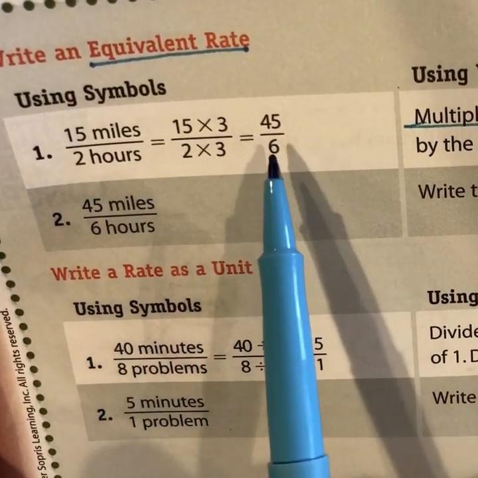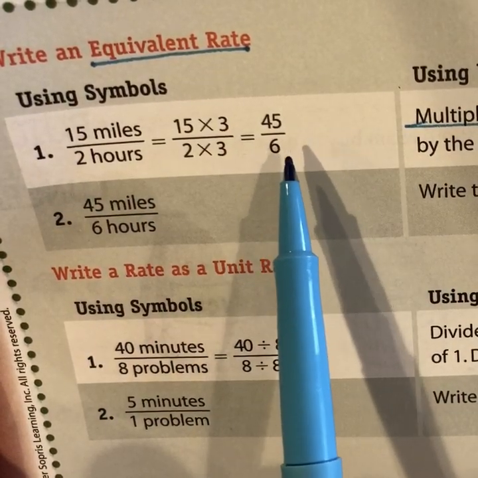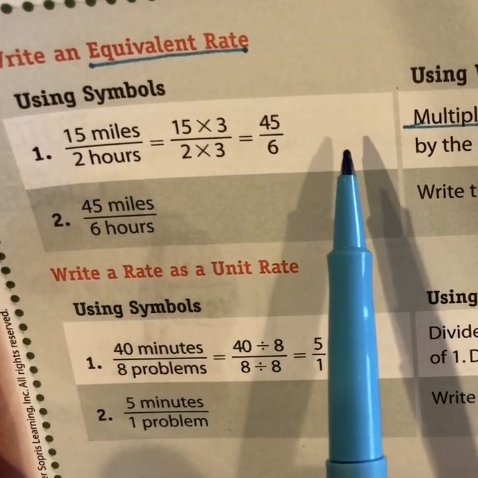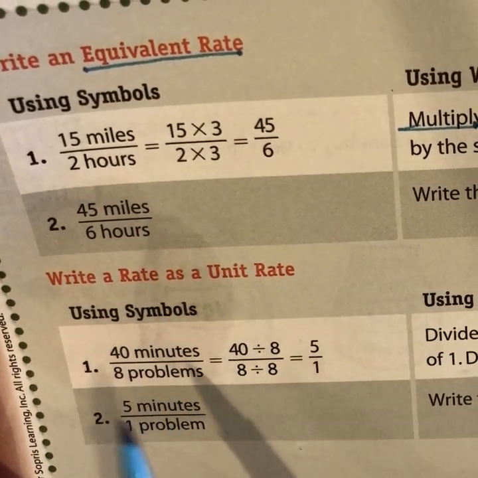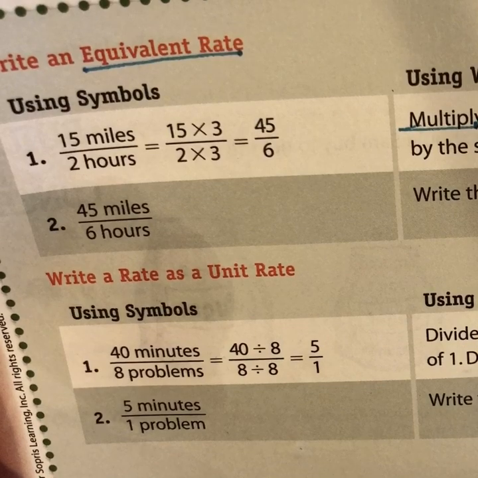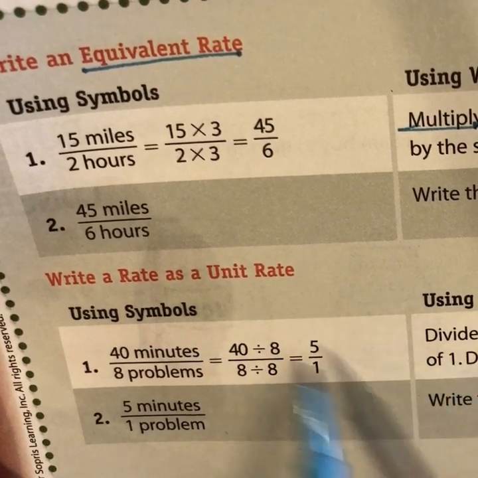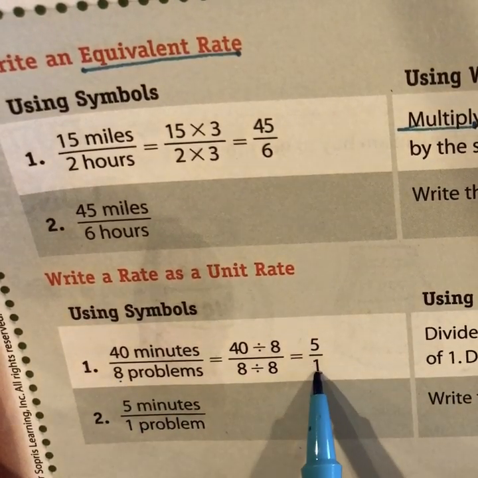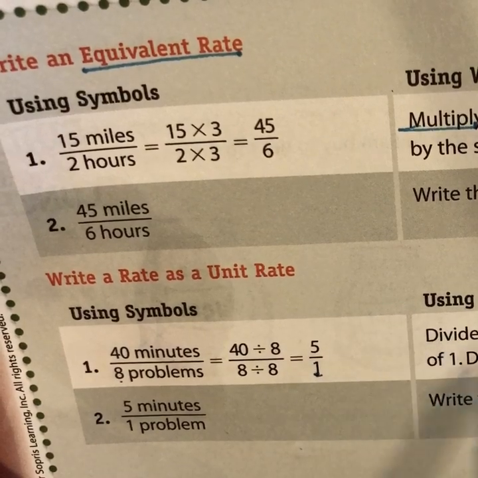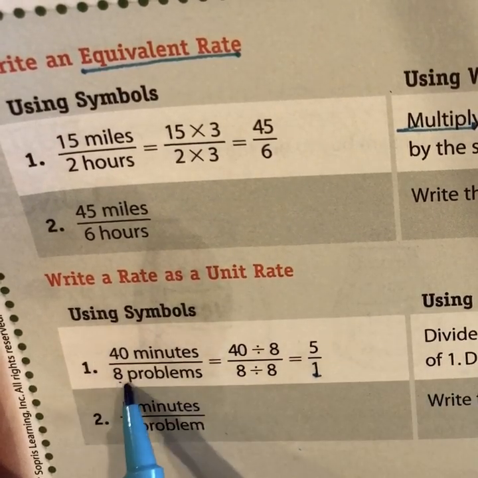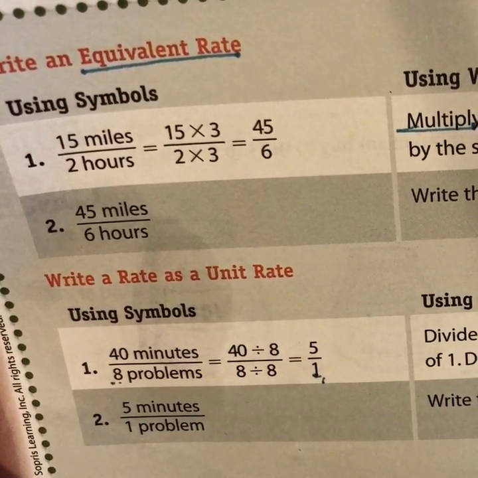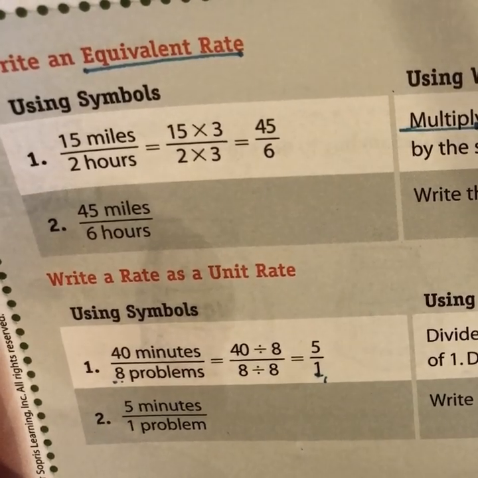Remember, if you're going from smaller to larger, you're going to multiply. When you are figuring out the unit rate, you have to divide, okay, because you're going from larger to smaller. Okay, you're going opposite. I hope that makes sense.